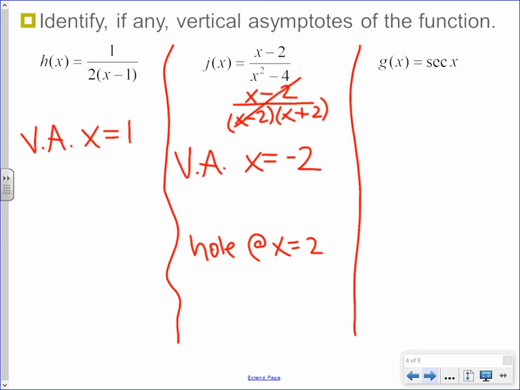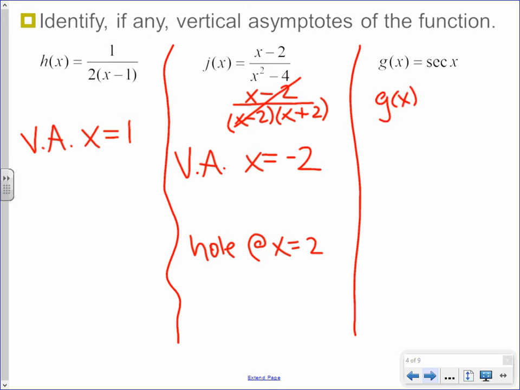What about secant of x? Does secant of x have any asymptotes? It has 2 holes. So if I asked you to evaluate the secant of pi over 2, what would you write? Undefined. That is because there is an asymptote there.